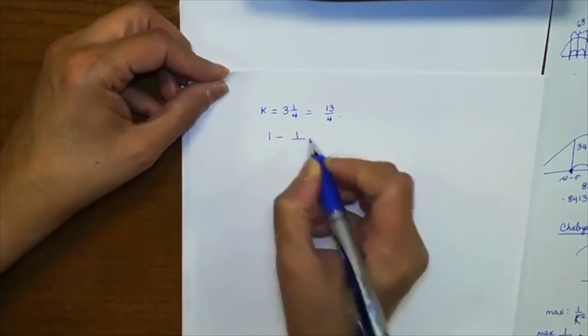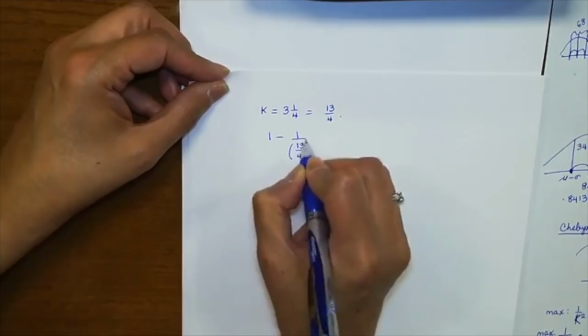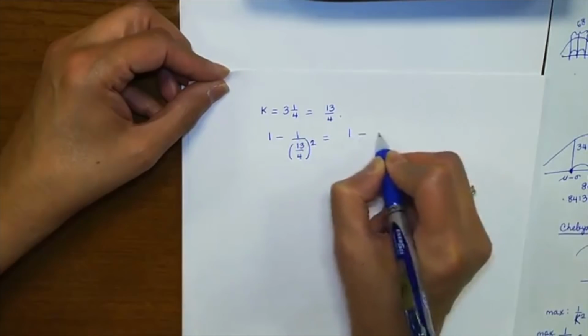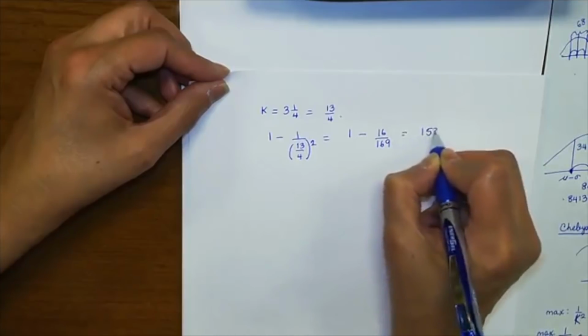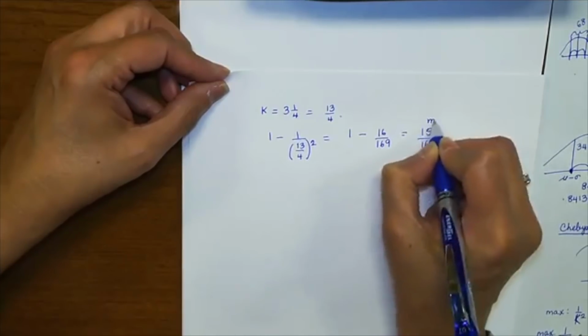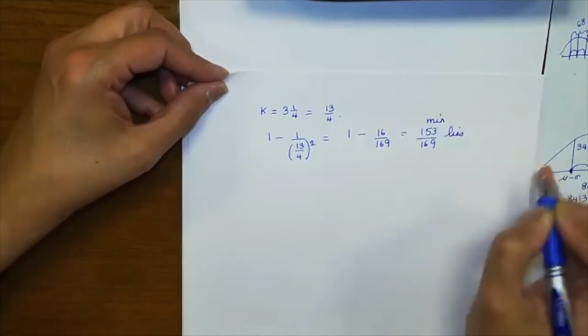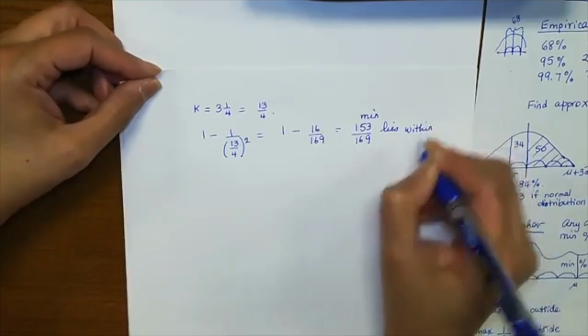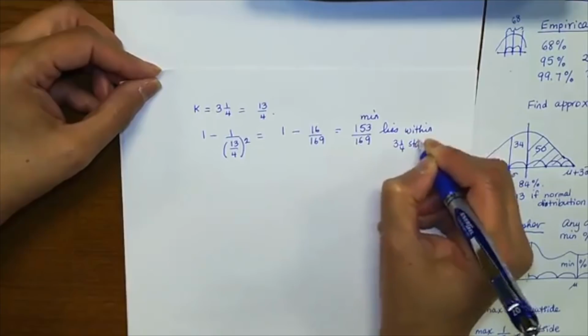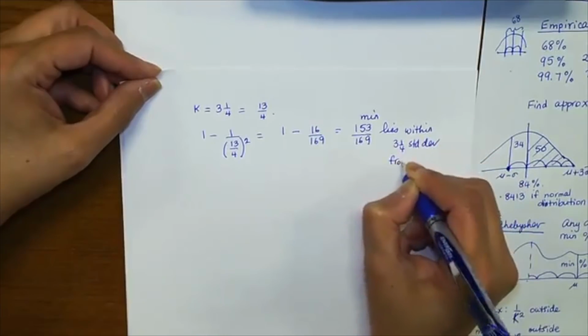Therefore, 1 minus 1 over 13 over 4 squared, like that. So that's 1 minus 16 over 169. So it's 153 over 169. Minimum lies within 3 1/4 standard deviations from the mean.